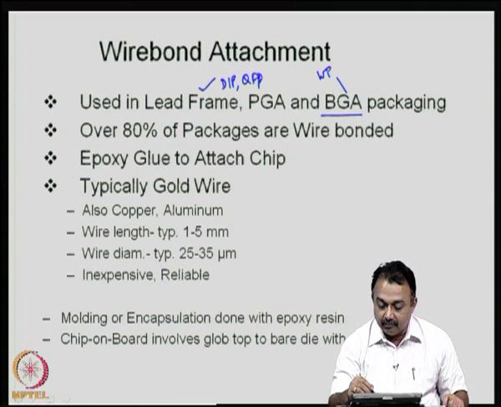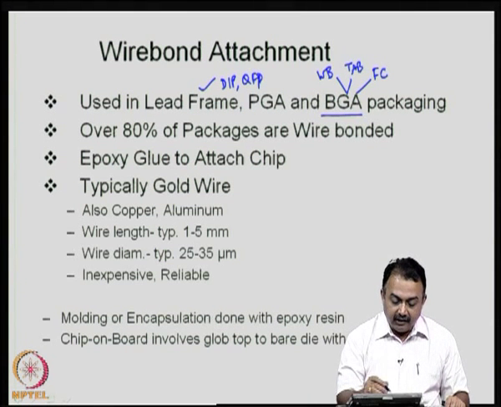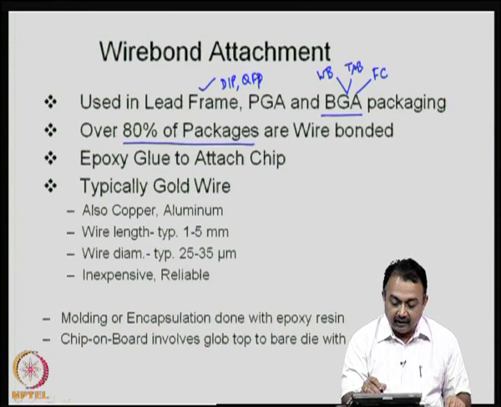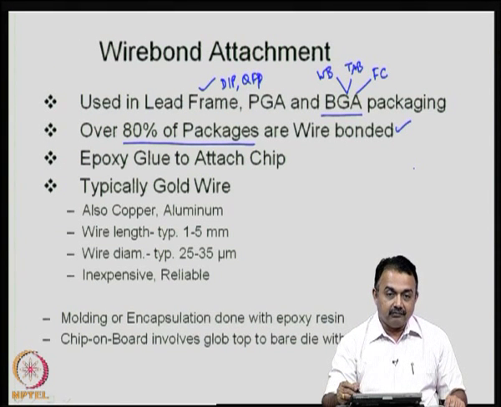So, you can use wire bond, or you can use tab, or you can use flip chip for BGA packaging. But over 80% or 85% of the packages are wire bonded, because it is less expensive, more economical, the methodology is well established, the equipments are well known, and you can get a very high reliability and yield, throughput.